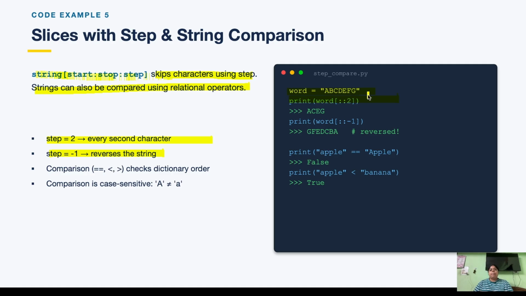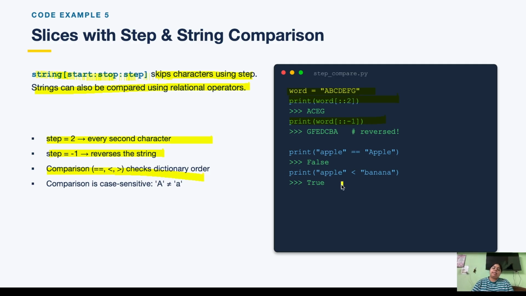Now when you have to reverse the word completely, just put the step as -1 and it will be reversed completely. Now let's talk about comparison. If you want to compare, double equals is the symbol of equality, and greater than and smaller than are very clear.